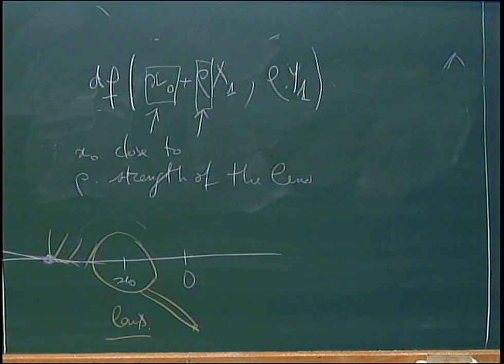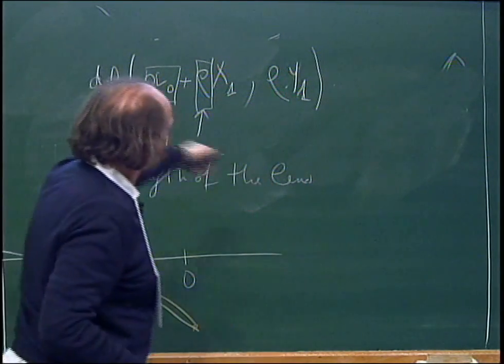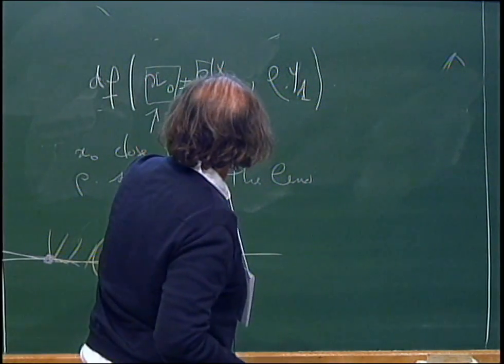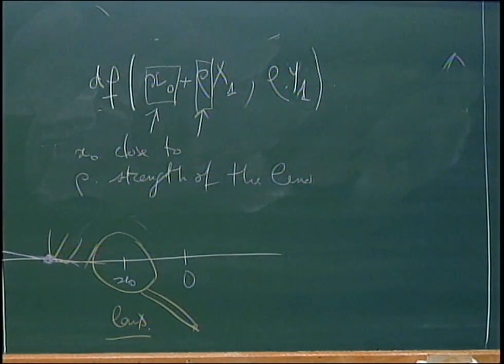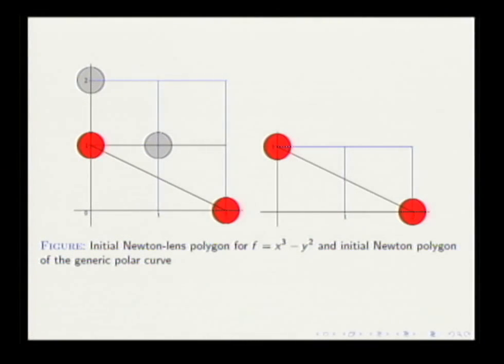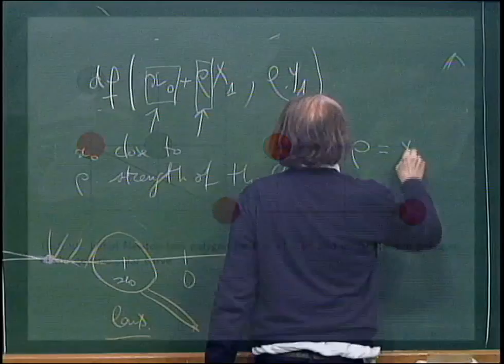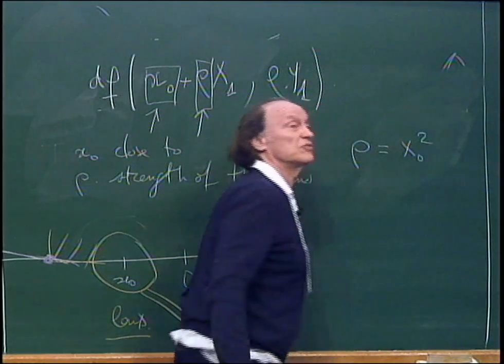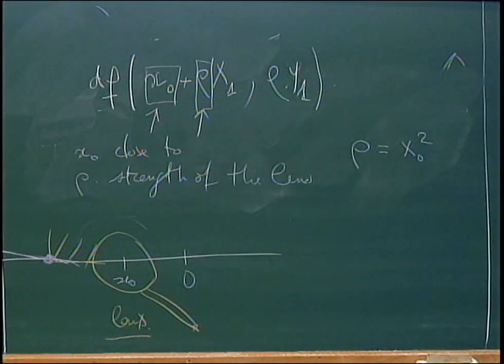And that's why I get 2 extra points when I just substitute in the equation here this change of variable. But I have the same vertices of the Newton polygon. And then I know that this gives immediately the fact that rho should be x0 squared.